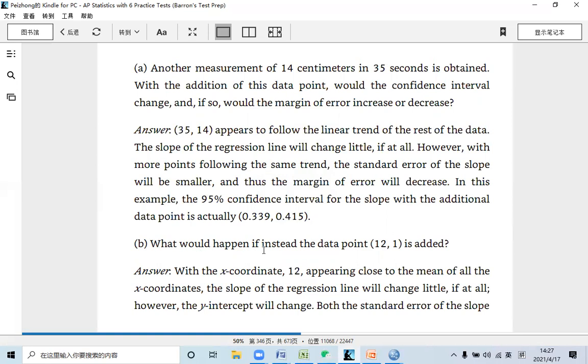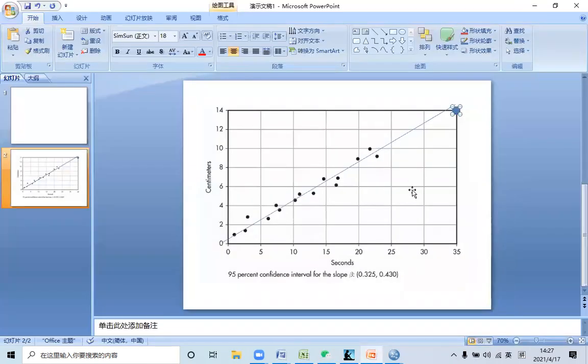What would happen if a data point 12 and 1 is added? 12 centimeters, 1 second, right? What would happen? Where's 12? I'm not seeing where's 12 and 1.